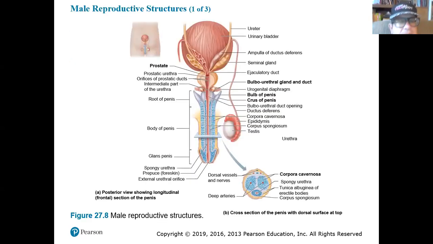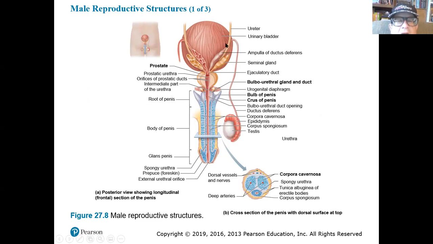All right, moving on. So this is looking at the bladder from the back and above, kind of. Here we have epididymis, we have vas deferens carrying the sperm upward. You see they come upward, and what you're seeing right here, this is the ureter that carries urine to the bladder.